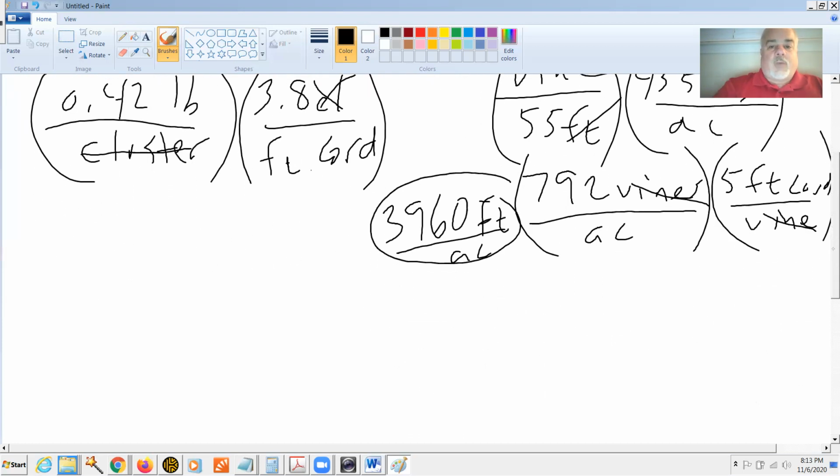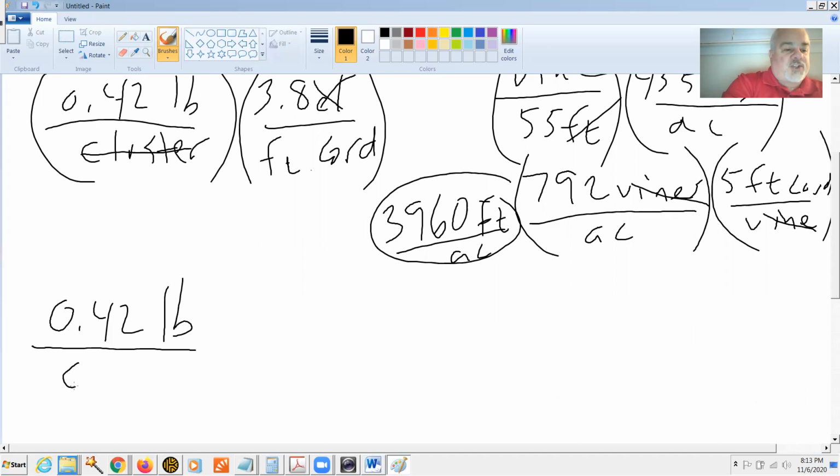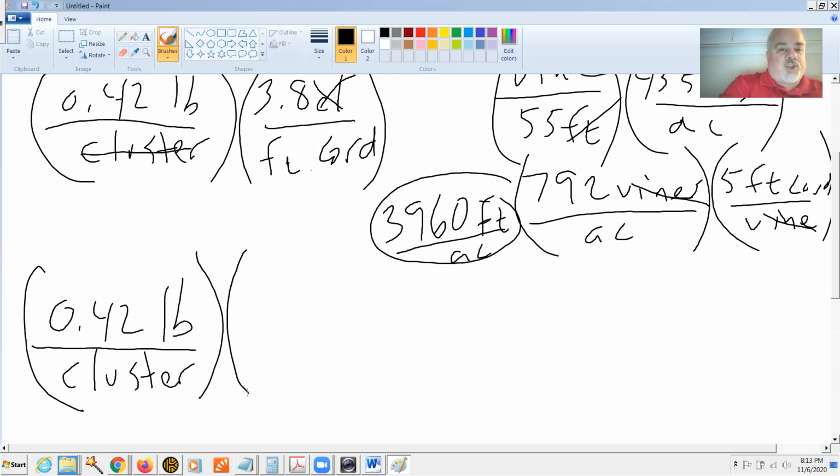So, ran out of room. Let's rewrite some of this. I've got 0.42 pounds per cluster. That was one of the data points we were given. There's 3.8 clusters per foot of cordon.